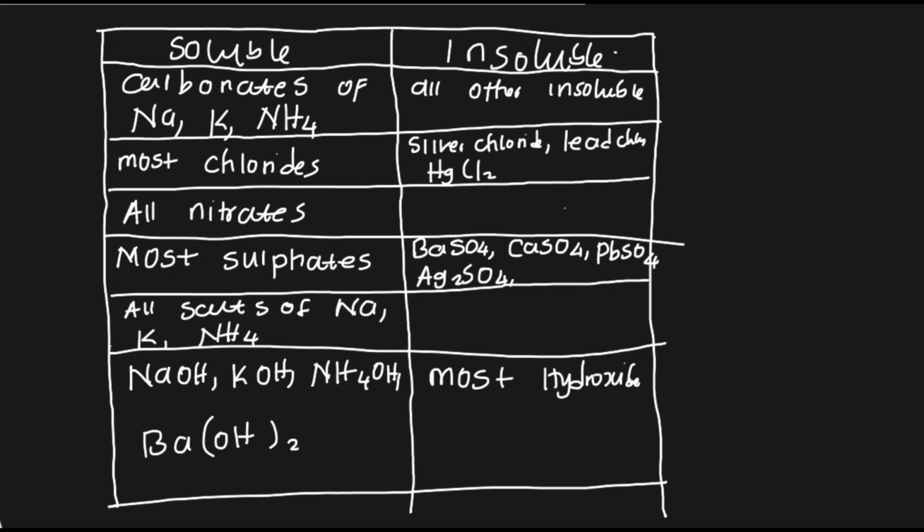Now, apart from knowing this, let's look at what method we are supposed to use whenever we are dealing with the preparation of an insoluble salt. Preparation of an insoluble salt is done by the process known as precipitation.